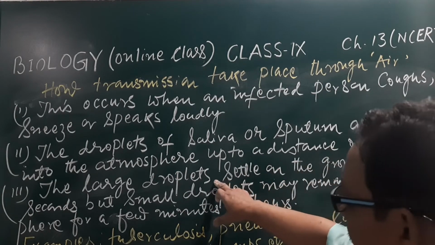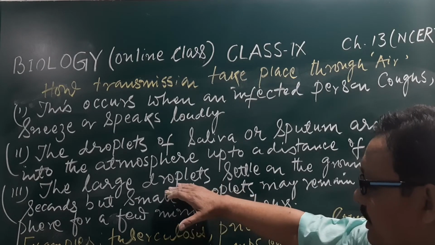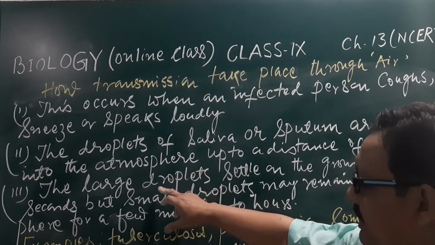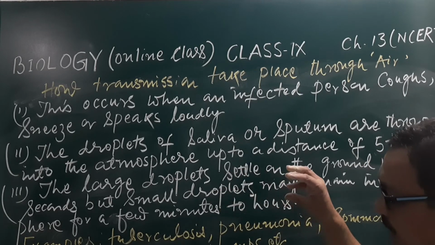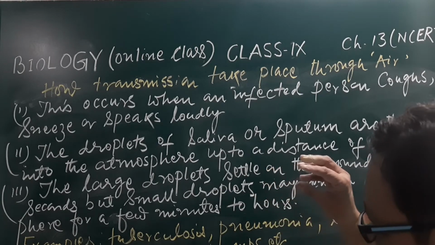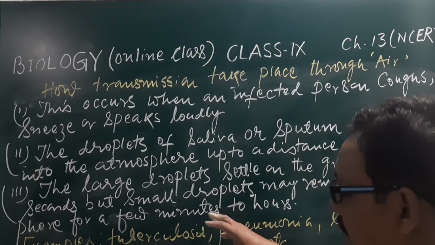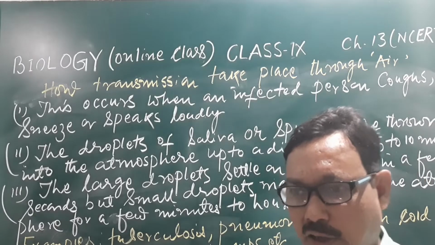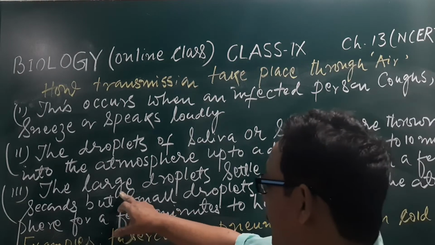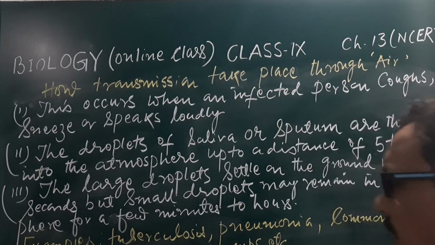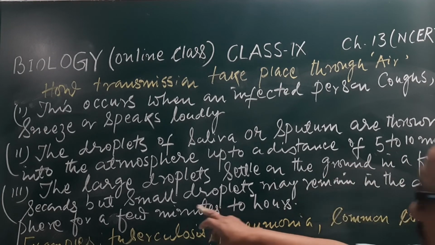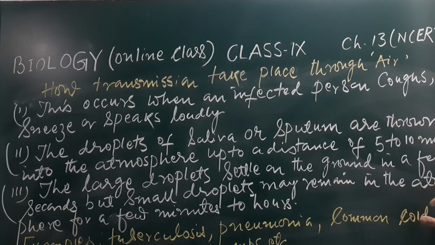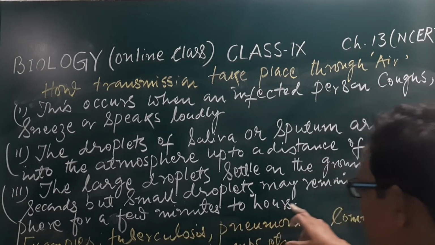The important point here is the duration, and depending upon that duration, how they will be infected. The large droplets may settle down on the ground in a few seconds, but the smaller ones may remain in the atmosphere for a few minutes to hours.